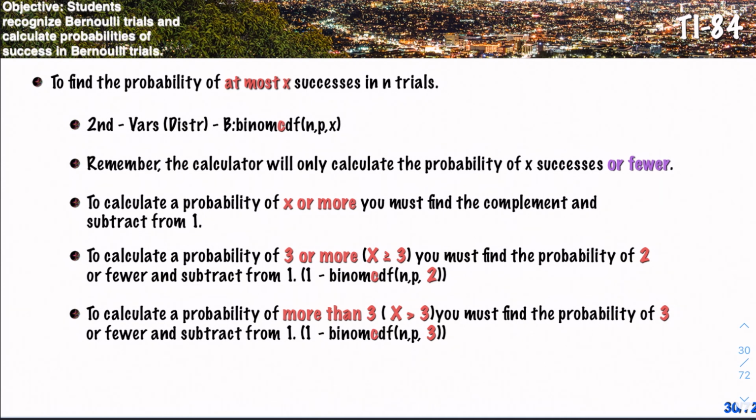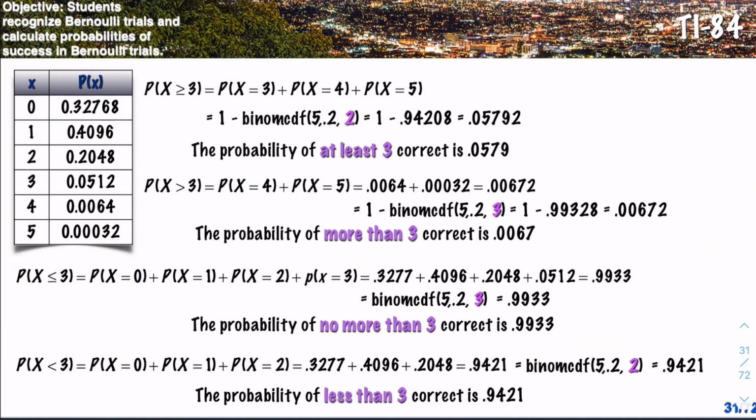To calculate the probability of 3 or more, you must find the probability of 2 or fewer and then subtract from 1. To calculate the probability of more than 3, you must find the probability of 3 or fewer and subtract from 1. Not many calculators offer that lower bound and upper bound. So if you're working with the TI-84, this is how you have to do the calculations.